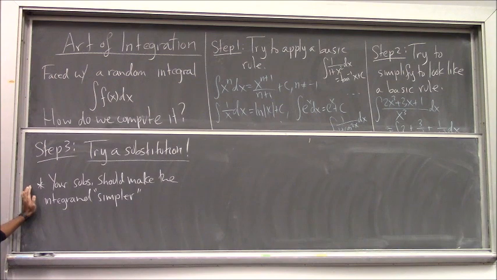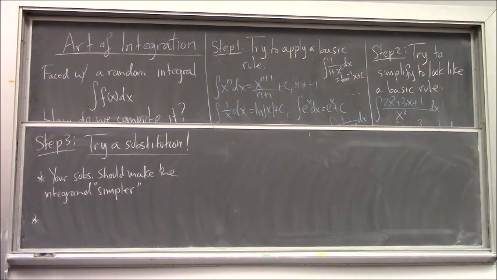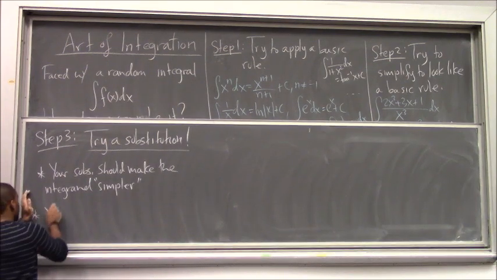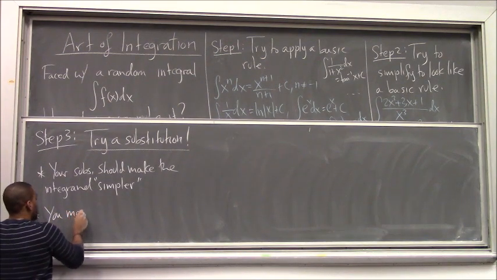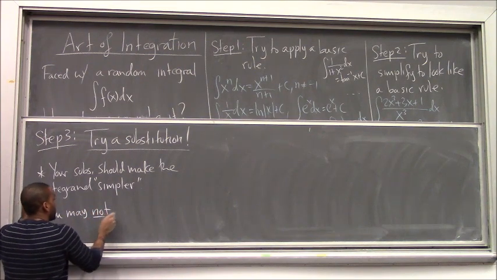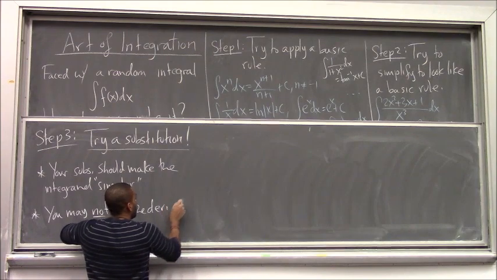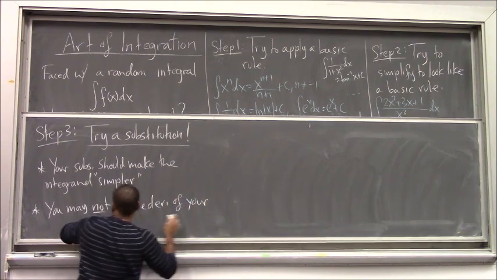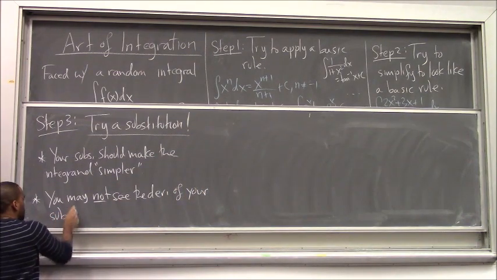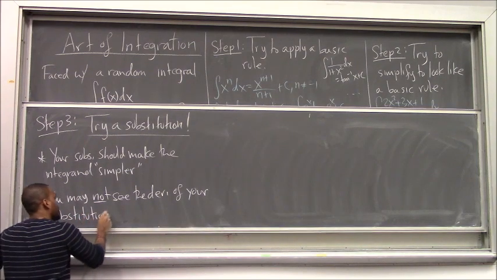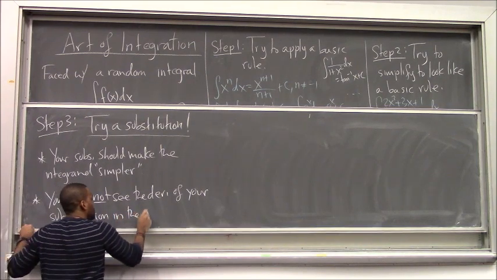Now, back in Calc 1, you were told that whatever you substitute, you have to be able to see the derivative somewhere else in the function. That's no longer true, unfortunately. You might not see the derivative of your substitution in the integrand.